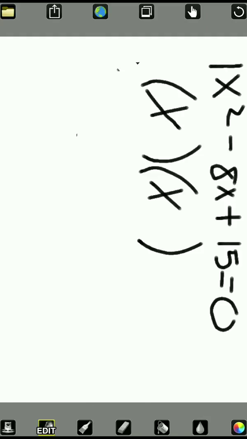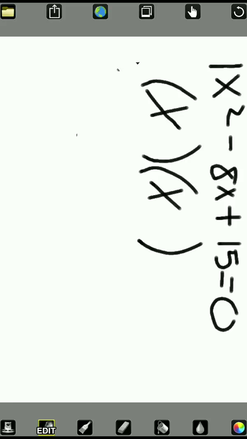Negative 1 times negative 15 gives us positive 15. Negative 3 times negative 5 gives us positive 15. And those are the two numbers that we need. We need negative 3 and negative 5.